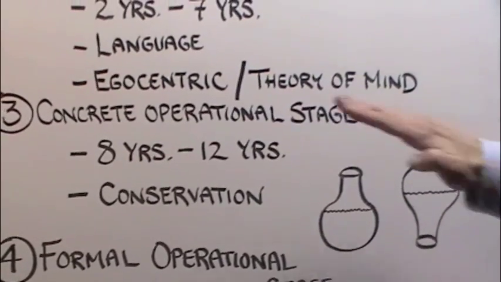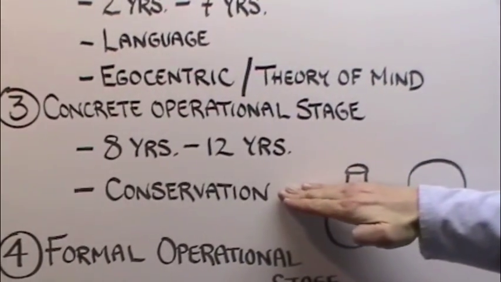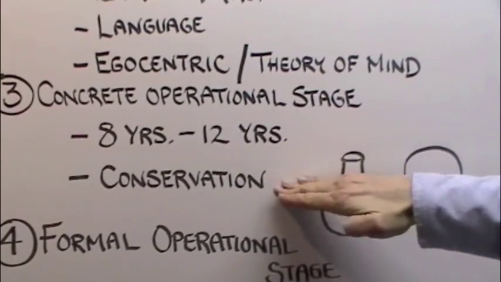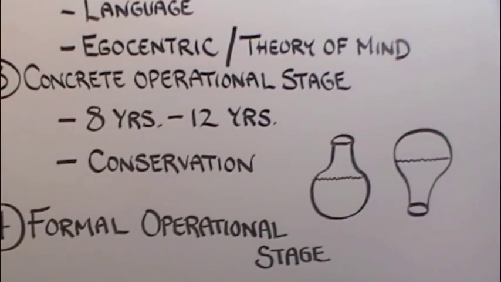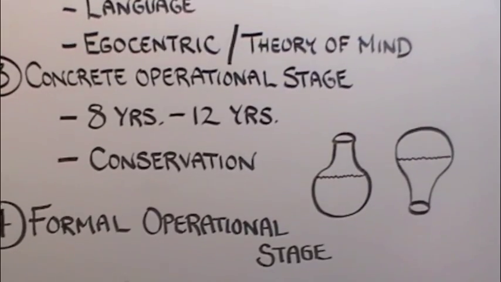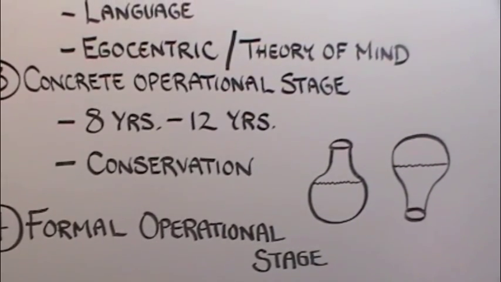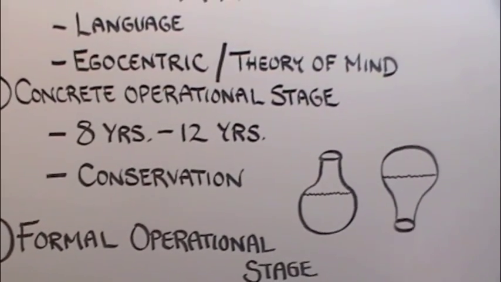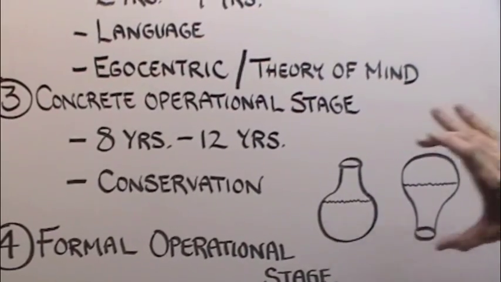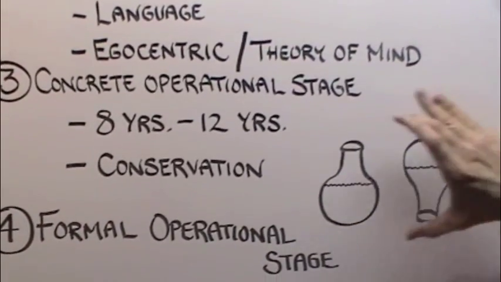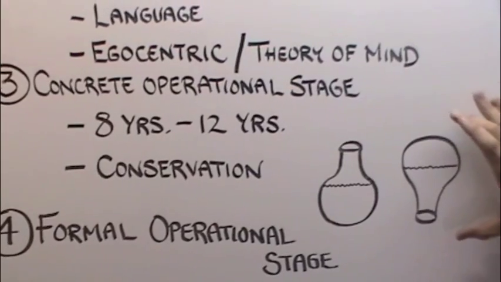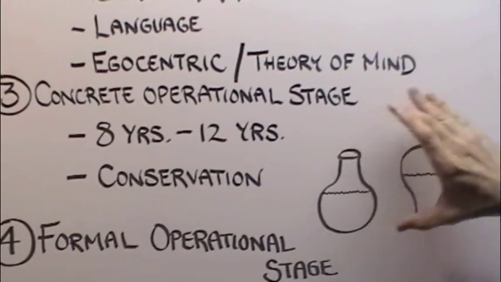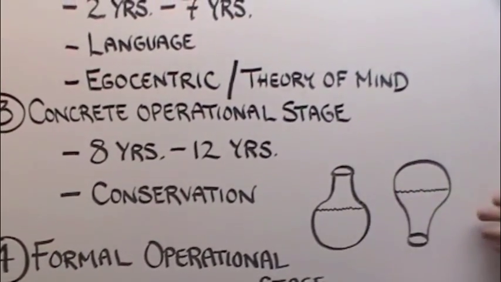One of the big challenges for children in this particular area is a challenge of conservation. Okay? Conservation, basically by definition, is the idea that things stay the same numerically and they stay the same in terms of area and volume, even if their shape changes.